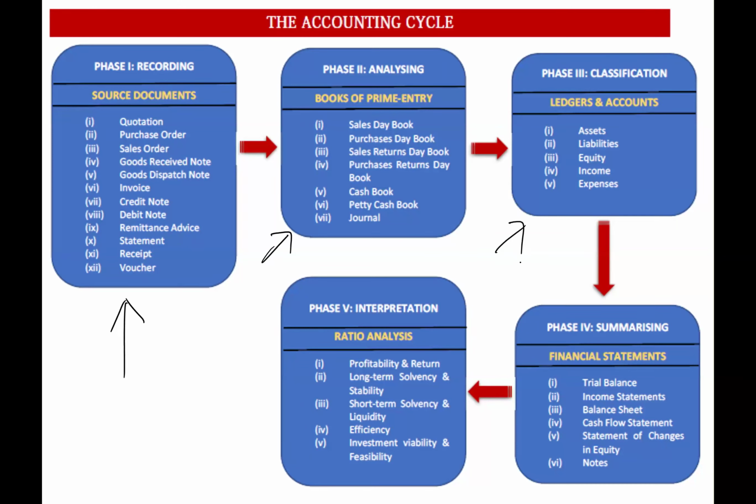That's the point where we say we now have assets, liabilities, equity, income, and expenses.